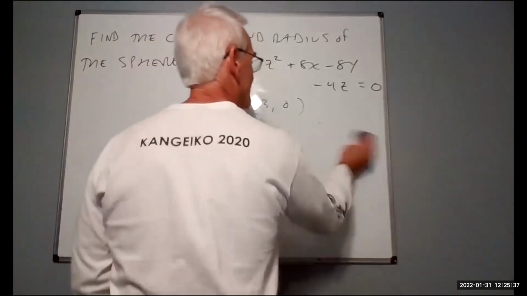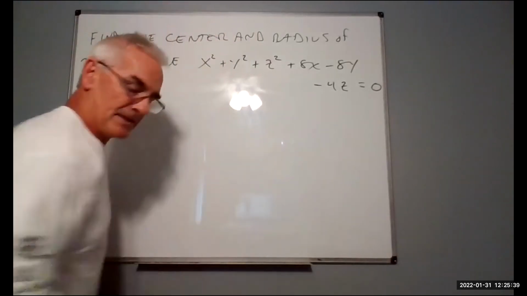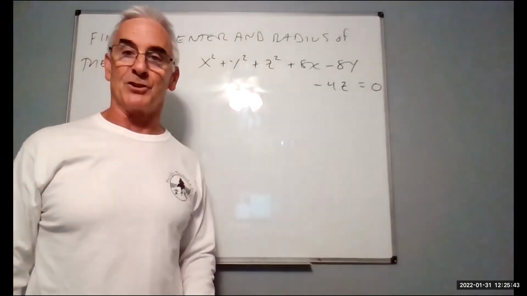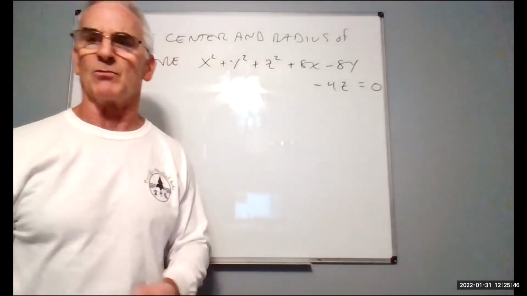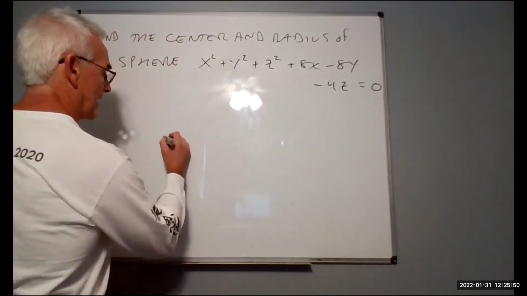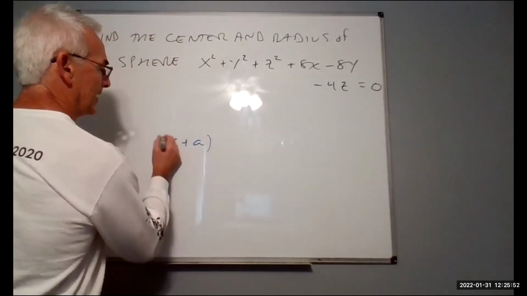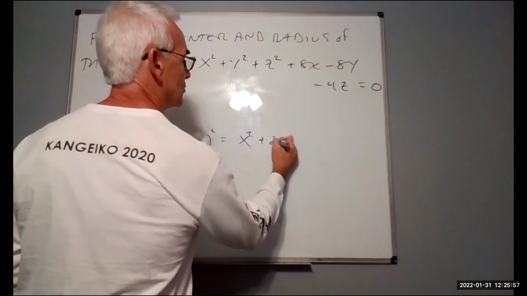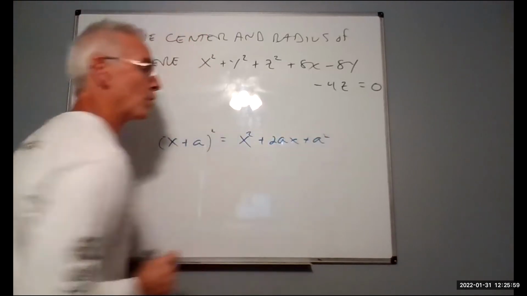So let's walk ourselves through it just in case we forgot. Now, again, this is Calc 3. Your calculus skills are probably off the chart, but some of your algebra skills might be a little rusty. So if I had something like this, baby algebra, if I had x plus a, and I wanted to square it, a being any number, it'd be x squared plus 2ax plus a squared. I know that.